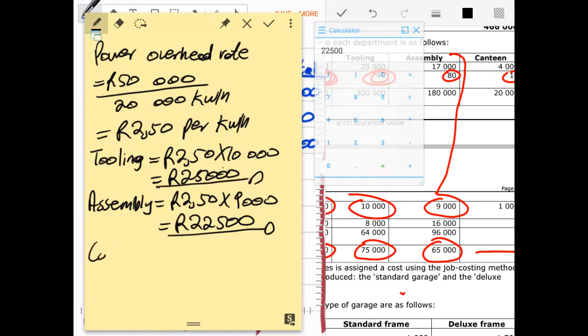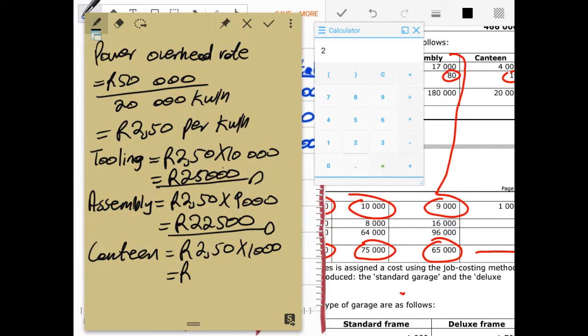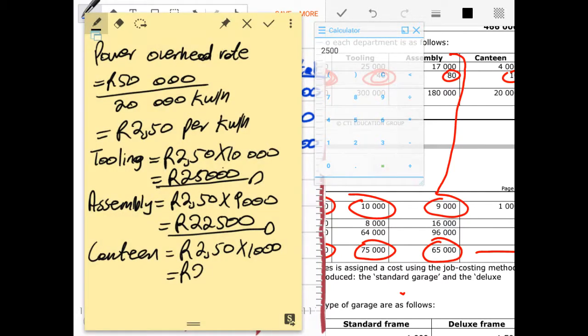Then in the canteen department, we allocate using the same rate, R2.50 times 1,000 kilowatts of power. That will be 2,500.